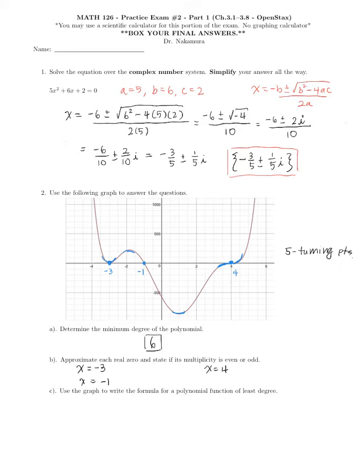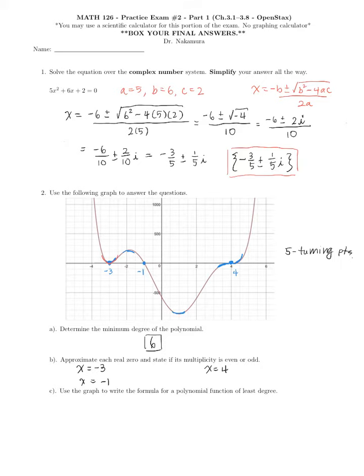Now let's figure out whether the multiplicity is going to be even or odd. If I look around x equals negative 3, notice that the graph touches the x-axis at negative 3 and bounces back. That means around negative 3 you've got a parabola going on, so the degree should be 2.